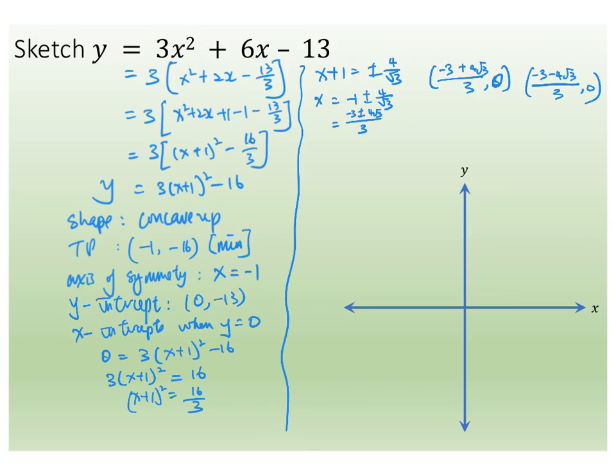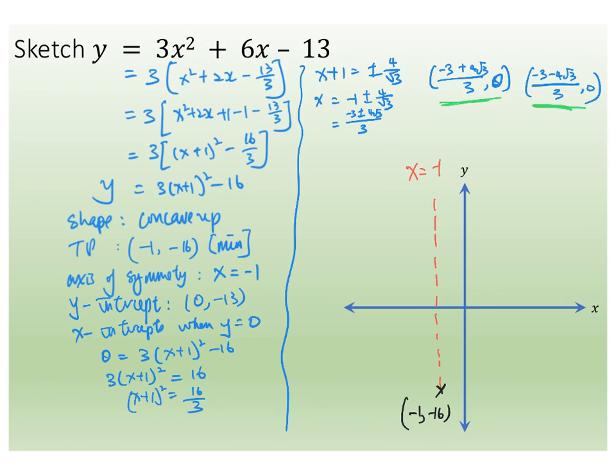Alright, so here you can observe that this is actually in the negative x-axis, whereas this bit here is a positive x-axis. Alright, starting off with the axis of symmetry, x equals to minus 1. Turning point, minus 1, minus 16.